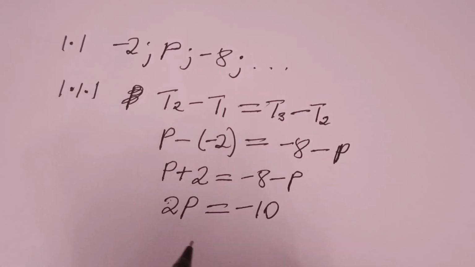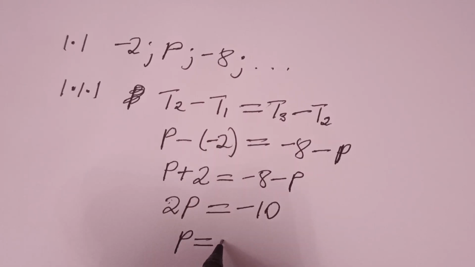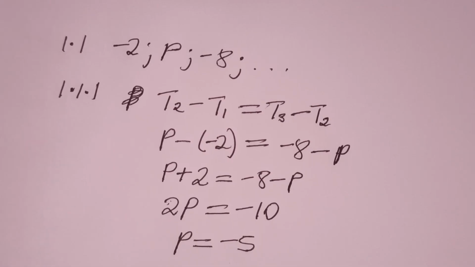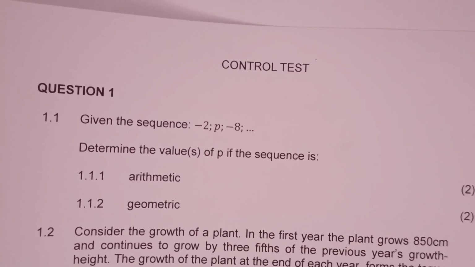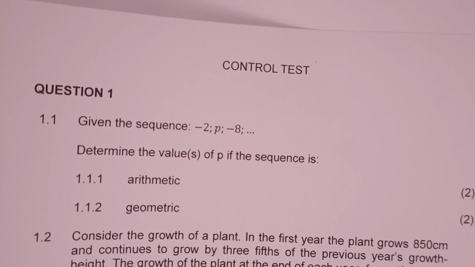Dividing both sides by 2, you get p to be -5. That is 1.1.1. You have determined the value of p when the sequence is arithmetic.